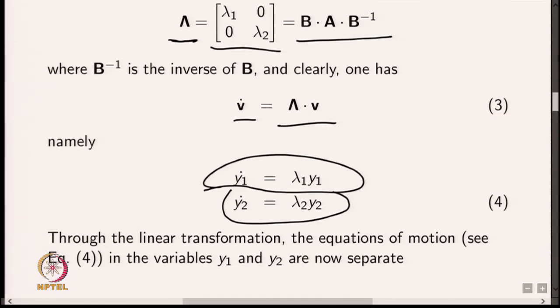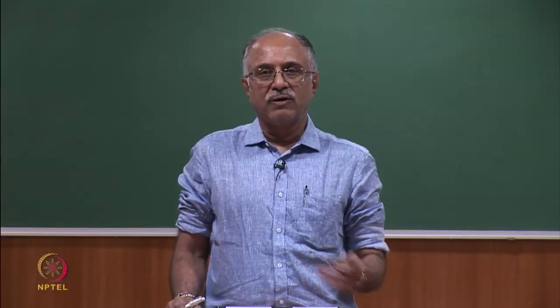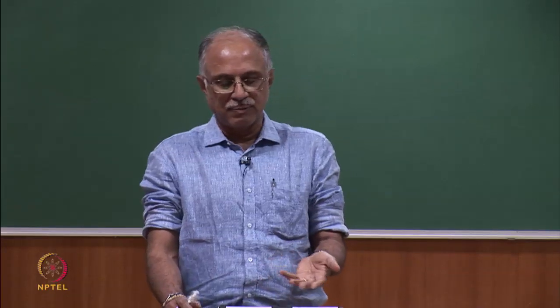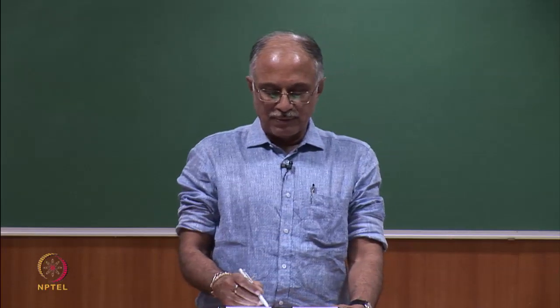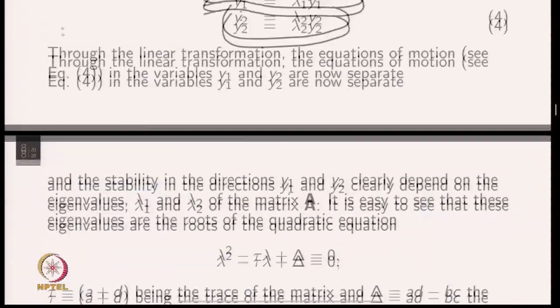Now, we have already done the analysis for one dimension the last time, and therefore, the stability or instability of this particular system is very trivial for us to determine. This is going to be stable if lambda 1 is negative, and unstable if lambda 1 is positive. Likewise, this will be stable if lambda 2 is negative, and unstable if lambda 2 is positive.